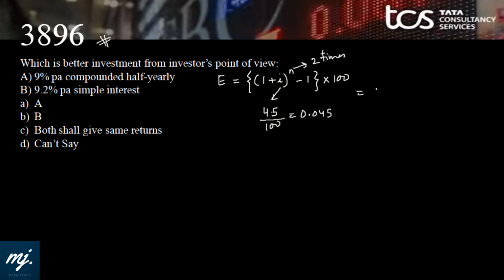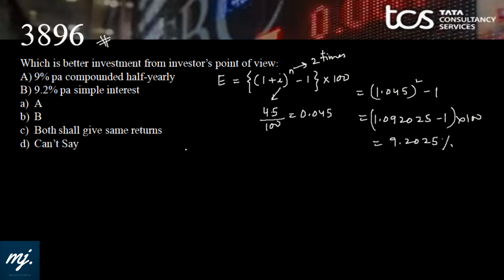So the effective interest rate would be 1.045 whole squared minus 1 whole into 100. 1.045 squared will give 1.092025 minus 1 into 100 will give 9.2025%.